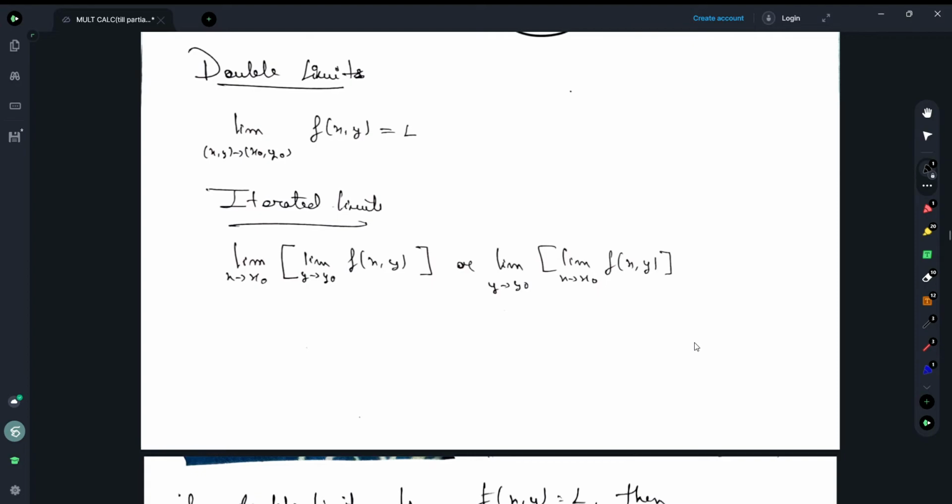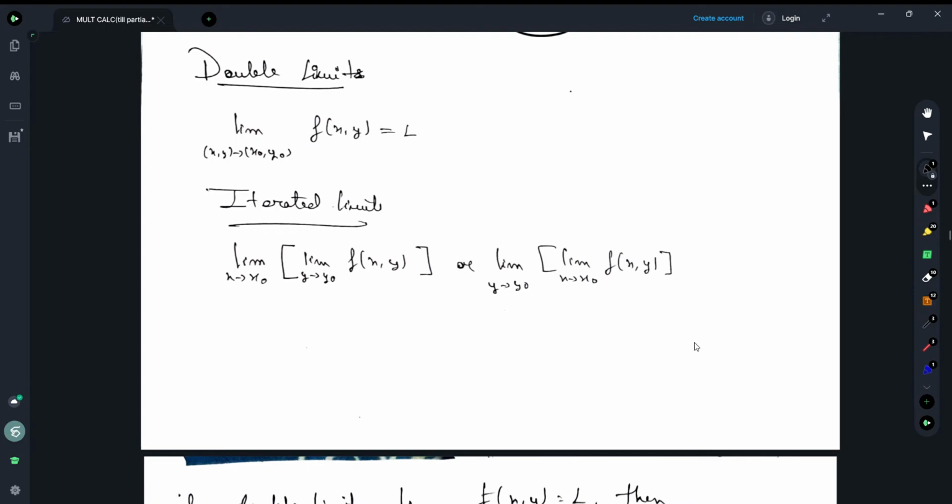Next, let us check the concept of double limits and iterated limits. The limits which we were calculating right now: we have a point x, y on the xy plane which tends to some point x0, y0.